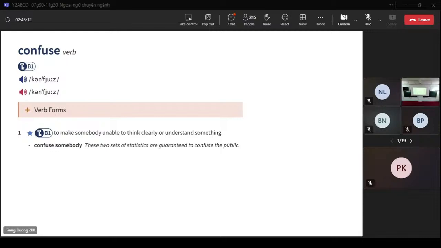Confuse. Don't confuse me. Let me stay fully focused. Đừng làm tôi rối, để tôi tập trung nào. Ha? Don't confuse me. Confusion.